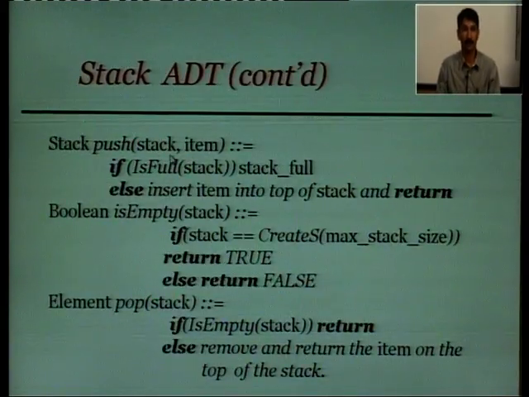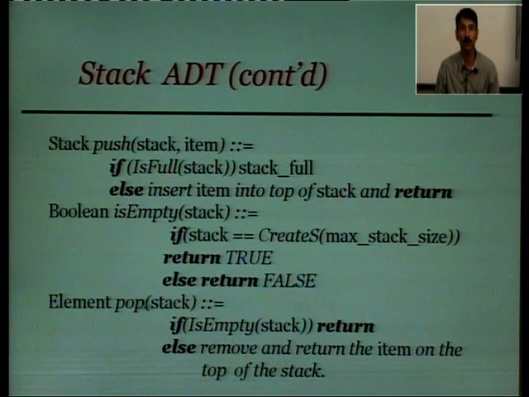We can see another function in the stack. We have two main functions, one is push, another is pop. Push is to add an element, to put the element on the stack, and pop is to get rid of the topmost element. So, the element is deleted, that is the topmost element.